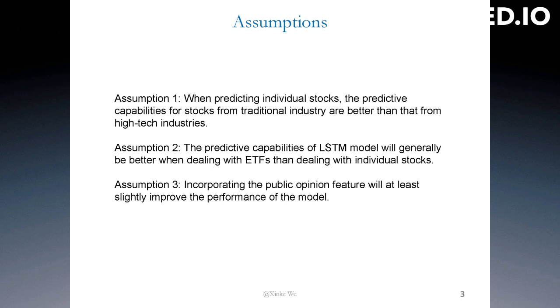This is also quite intuitive, due to the central limit theorem. If I mix a few random variables together to build a new random variable, then this new random variable will be more like a normal distribution. So I think maybe by mixing those individual stocks, the prediction will work better.